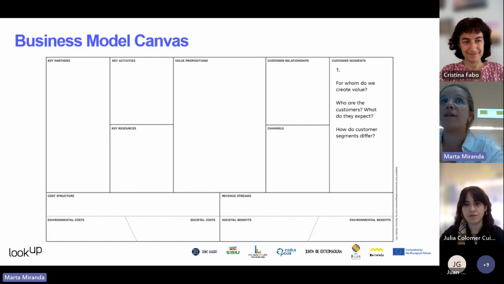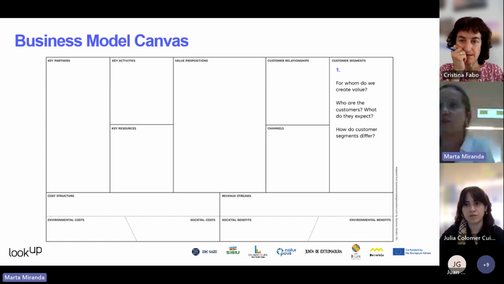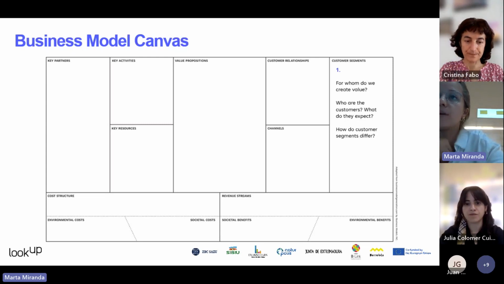So for example, maybe we have to analyze first if our product is solving any problem of our customers. In this box we have to write down for whom we create value, who the customers are, what we expect, and how customer segments differ.